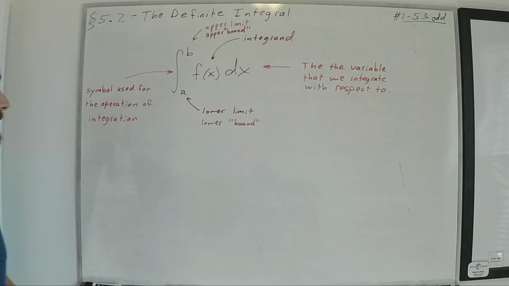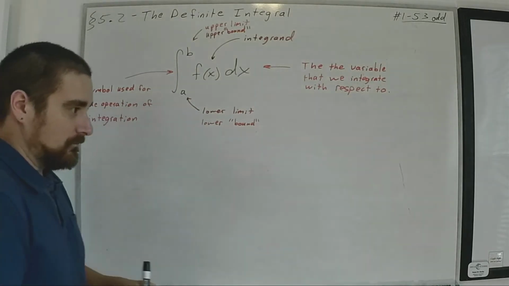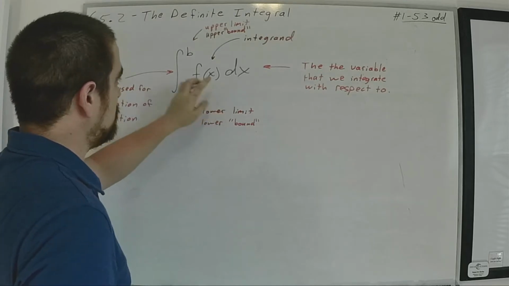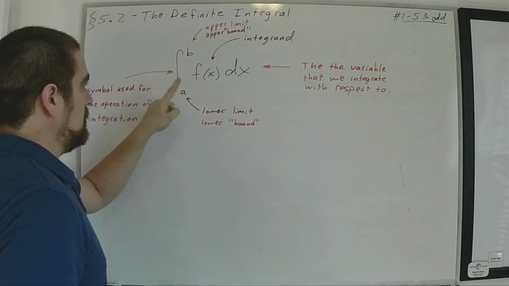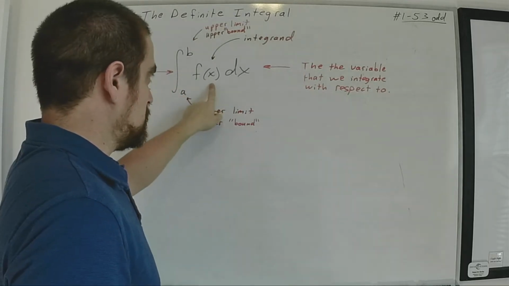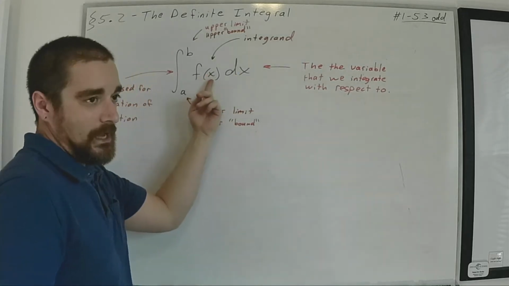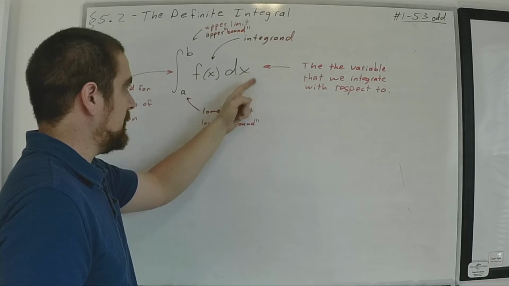So it's not telling you that f of x is being multiplied by dx or something like that. It's just saying that you have a function f, your job is to integrate it, and you say, okay, with respect to which variable? Well, since we're only dealing with single variables for now, it's obviously got to be x, but we do need to identify it.